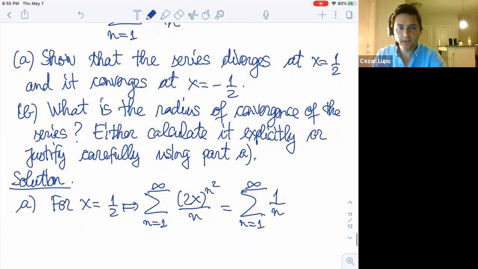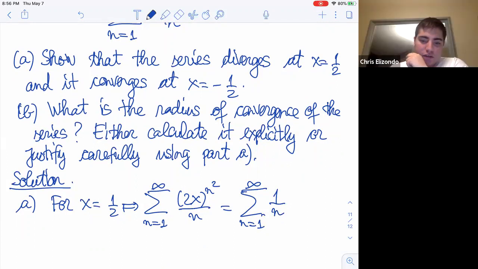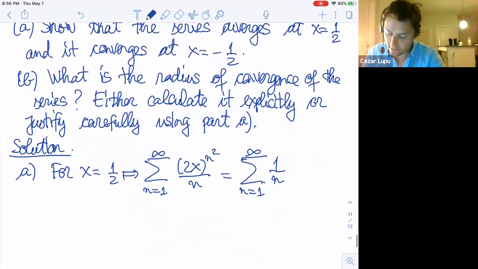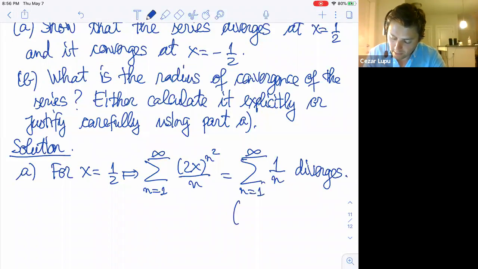And what do we know about this? We've said this previously. How do we call this? The harmonic series. So we know that this is divergent.